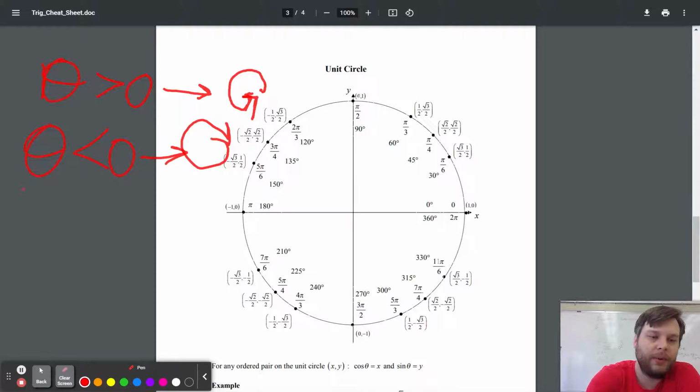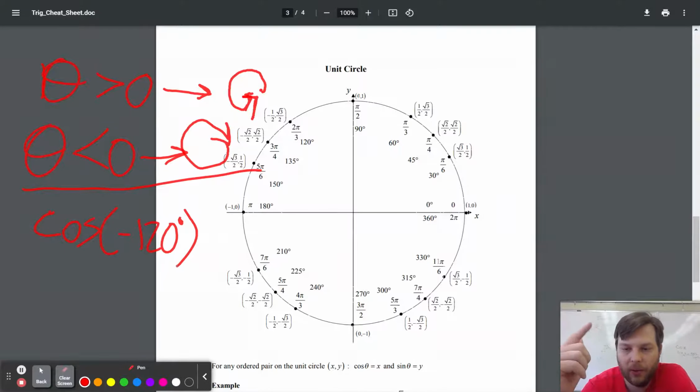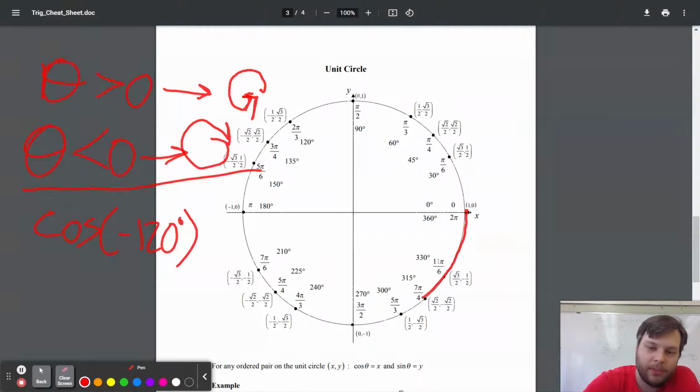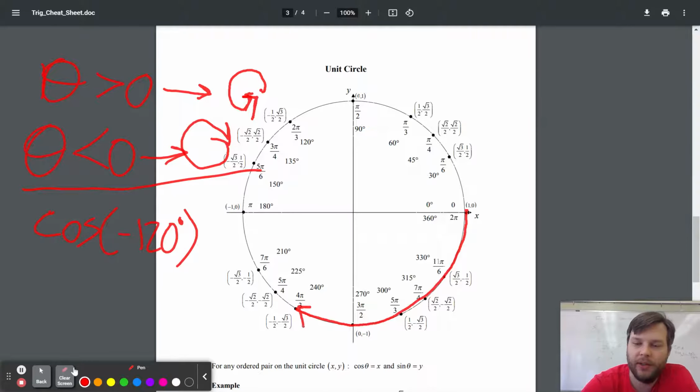So for example, let's say I have a question that asks me to do the cosine of negative 120 degrees. One strategy is to rotate clockwise 120 degrees. So if I rotate clockwise, this would be 90 degrees, and this would be rotating 120 degrees.